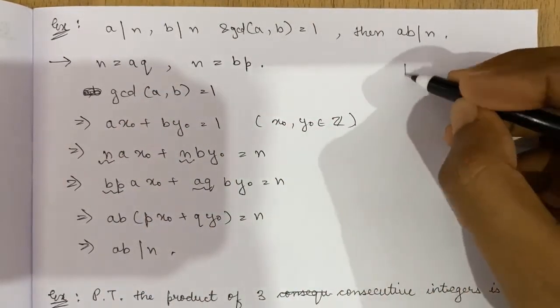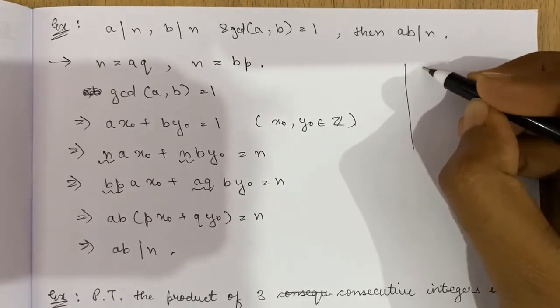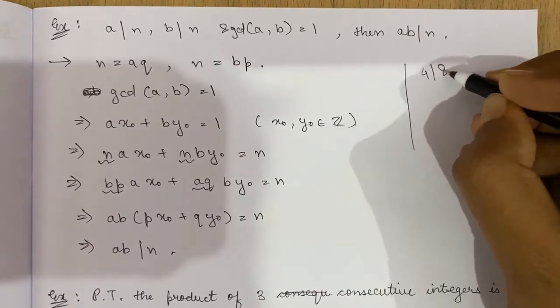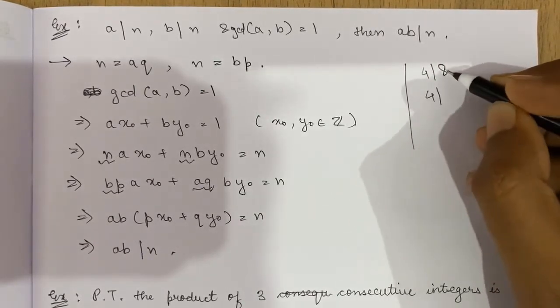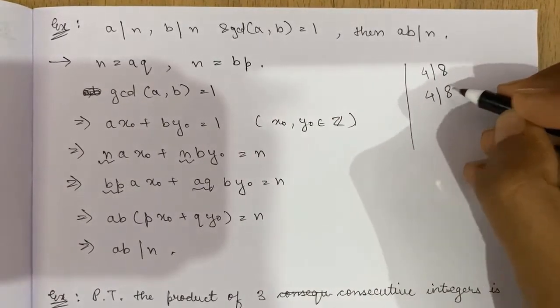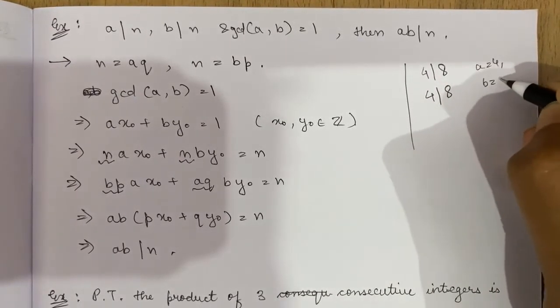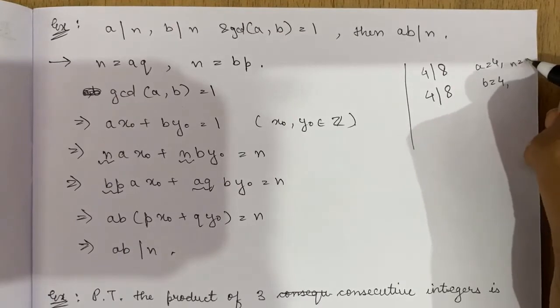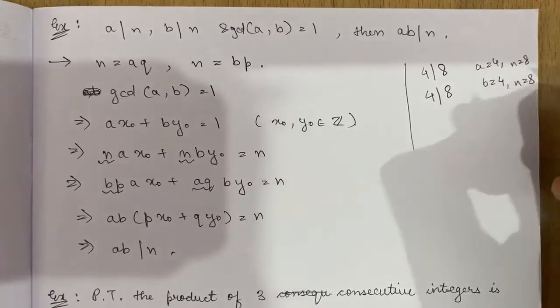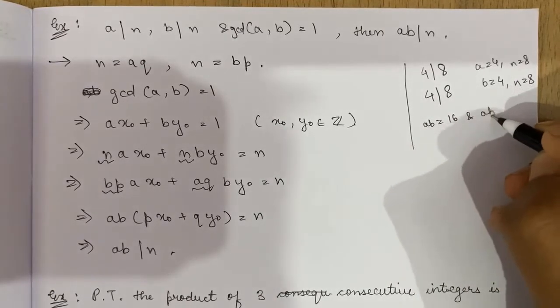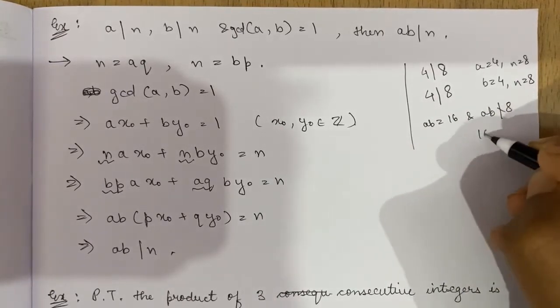An example of that is, say, 4 divides 8 and 4 divides 8 again. So we set A equal to 4, B equal to 4, n equal to 8. Then AB equals 16 and AB does not divide 8, right? 16 does not divide 8.